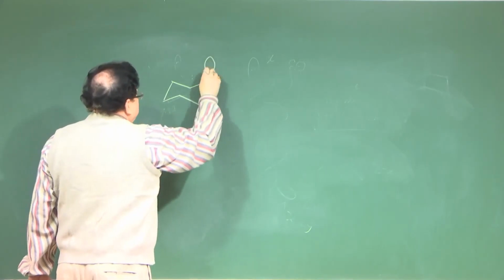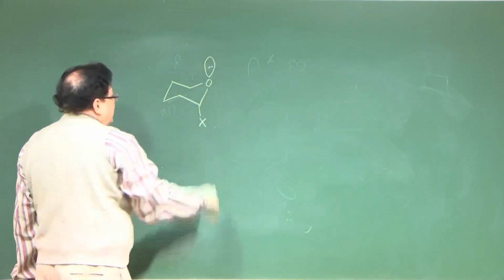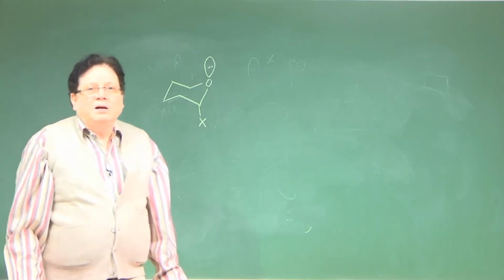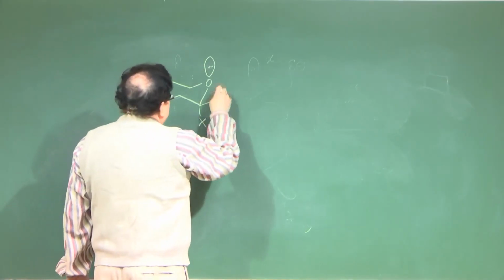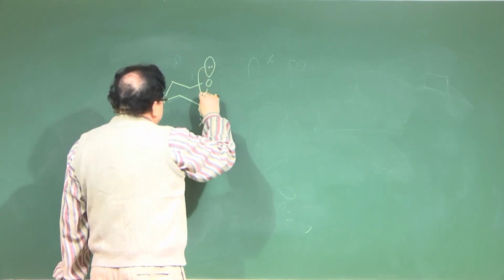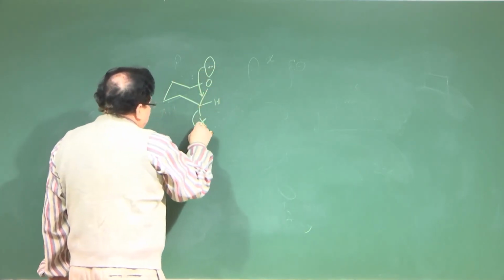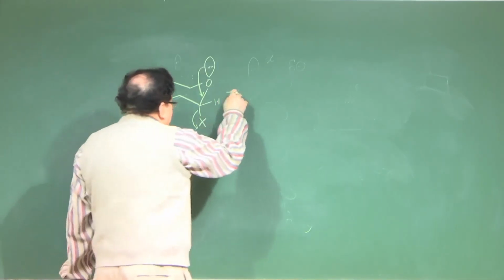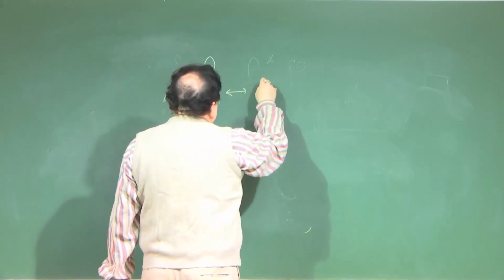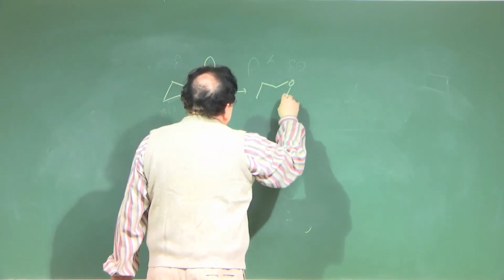See, this lone pair is exactly anti-periplanar to the CX bond. If that be the case, then this lone pair can come onto this side and break the CX bond, and in the process it can generate a structure which will look like this.